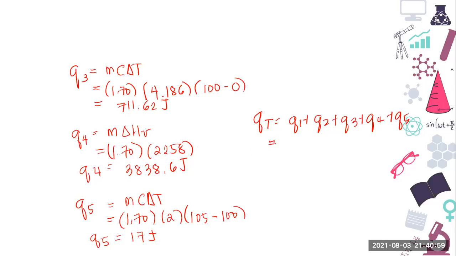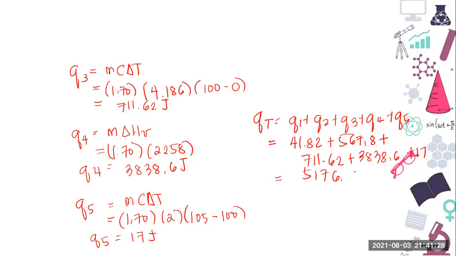And with your calculator, I'm going to list them down so that you can check your answers. 567.8 plus 711.62 plus 3838.6 plus 17. And your final answer is 5176.84 joules. So that's your total Q, the total heat required to convert that amount of ice to steam at 105 degrees Celsius.